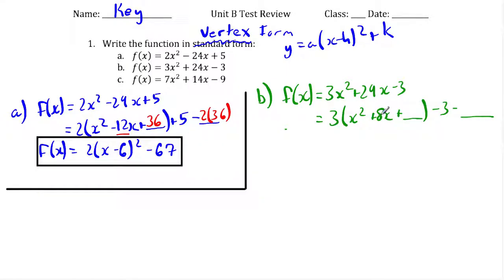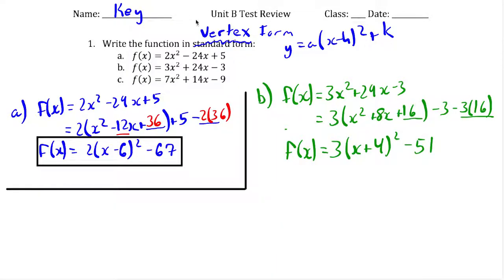So with the 8, we're going to divide this by 2 to get 4, square it to get 16, and because I have a 3 out here, I'm going to subtract 3 times 16. So we actually get f of x is equal to 3 times (x plus 4) squared. 8 divided by 2 is 4. This is a minus 3, minus 48, so we're going to have minus 51. And that is our completed answer in vertex form.